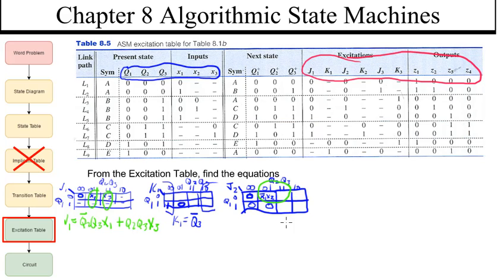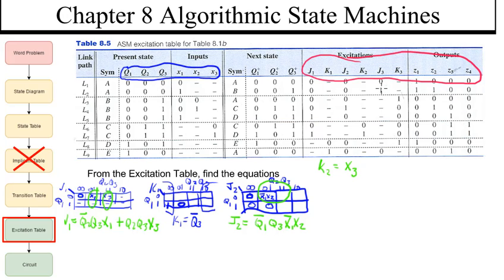So that's going to be x1 bar x2. All right, K2. A bunch of don't cares and a 0, 1 that directly matches x3. So K2 equals x3.